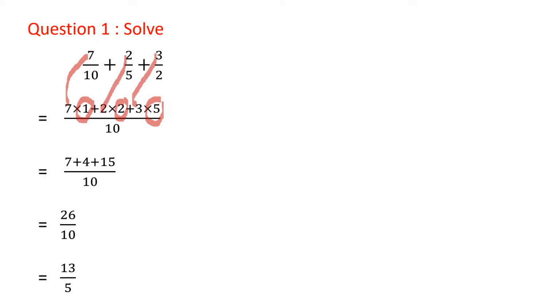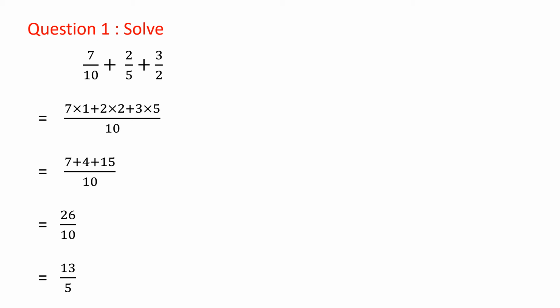So after multiplication you get 7 into 1, 7. 2 into 2, 4. 3 into 5, 15. So 7 plus 4 plus 15, 26. 26 by 10 is your answer, right? Now 26 by 10, you cut it and you write 13 by 5. Why? Because 2 13s are 26 and 2 5s are 10, right? So you get 13 by 5 as your answer.